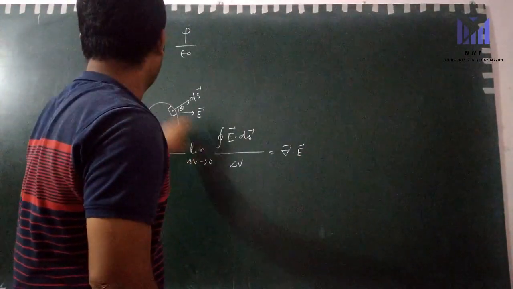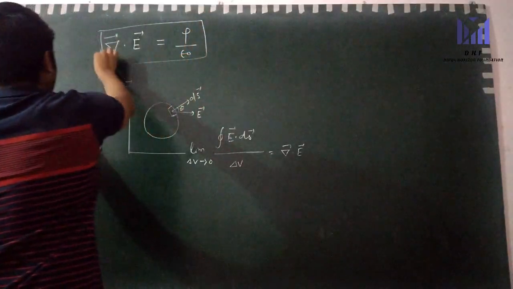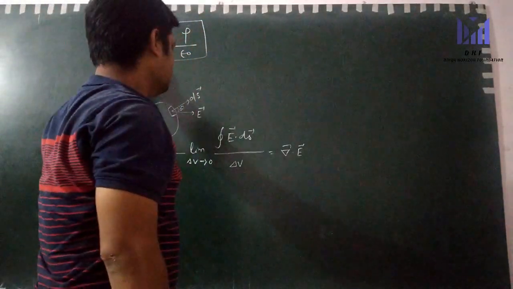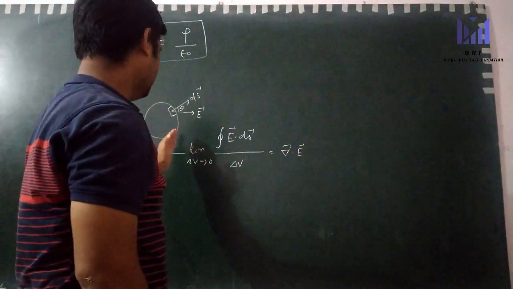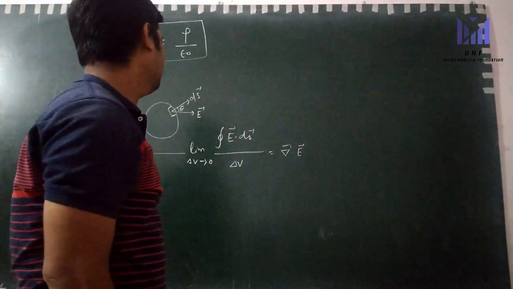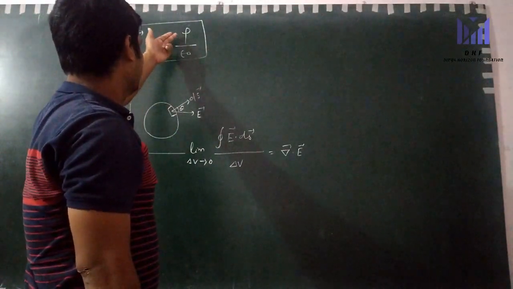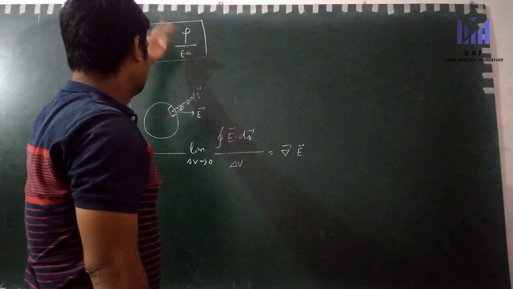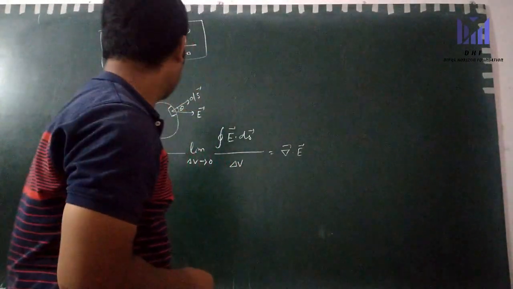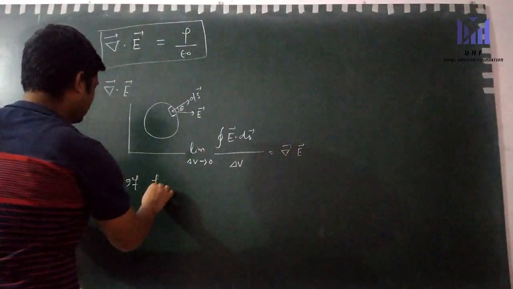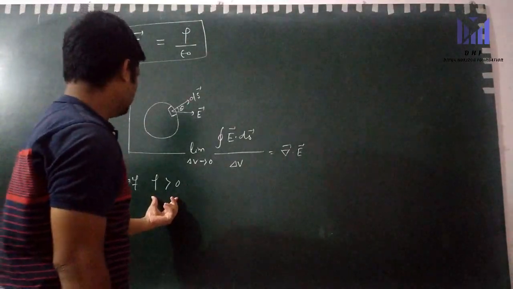So here from the differential form of Gauss law we know that if we calculate the divergence of electric field at a particular point, then it will be equal to 1 by epsilon naught times the charge density at that point. Okay, if charge density at a point is greater than 0, meaning rho is greater than 0, what does it mean?